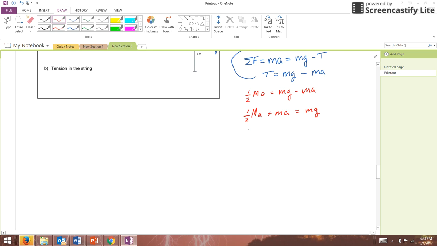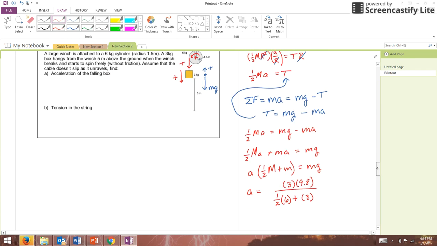So we can pull an a out of those. So you have a times 1/2 big M plus little m equals mg. So a is equal to, and I'm going to go ahead and plug in the numbers right now, 3 times 9.8 divided by 1/2 times 6 plus 3. So we can just go back.